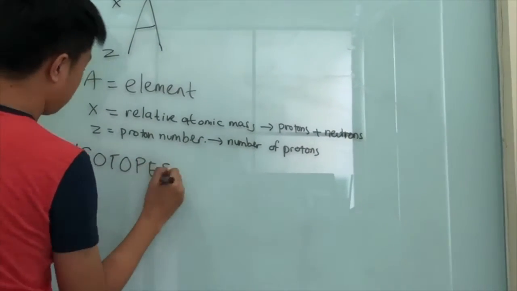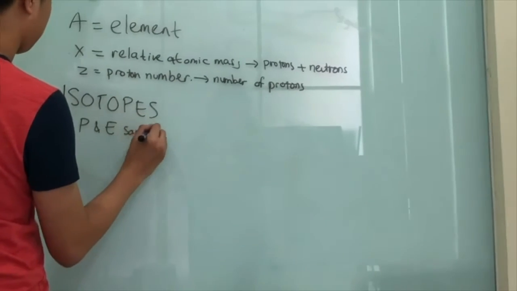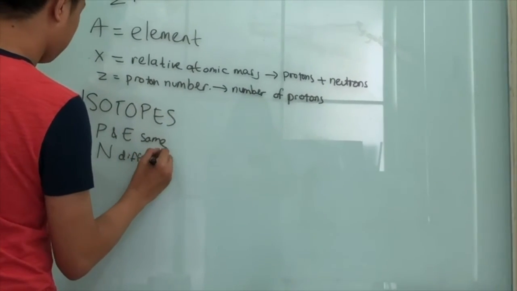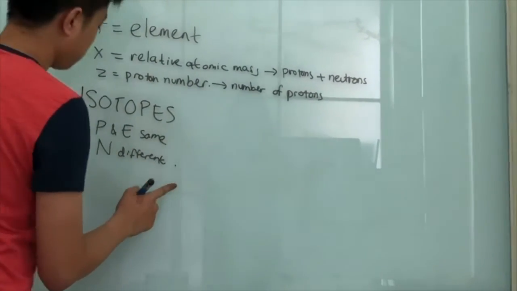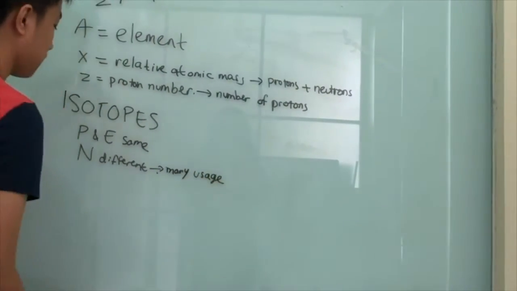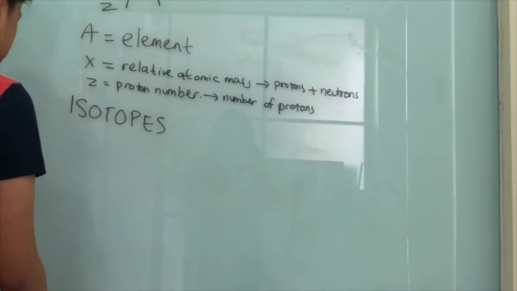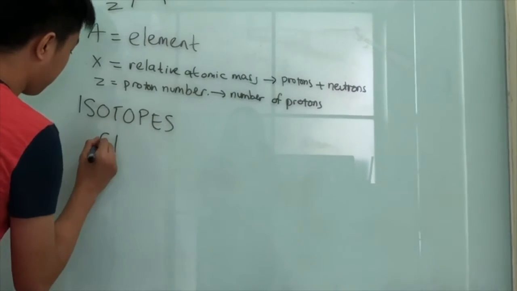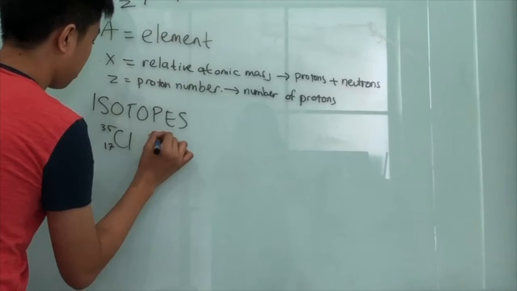Isotopes are elements that have the same number of protons and electrons, but a different number of neutrons. An example of this is chlorine.